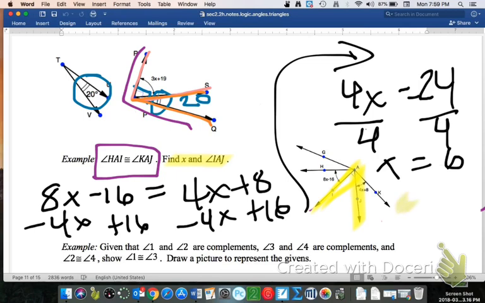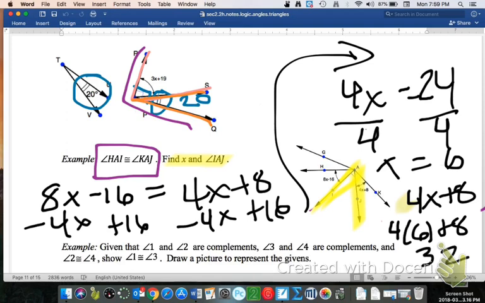So since we have 4x plus 8, we need to plug in the x that we have. So we have 4 times 6 plus 8. So that's 24 plus 8, which then gives us 32. Okay. So we know that this angle here is 32.